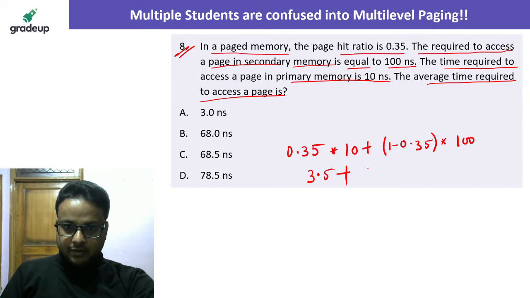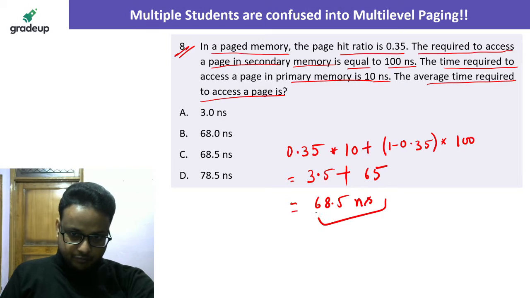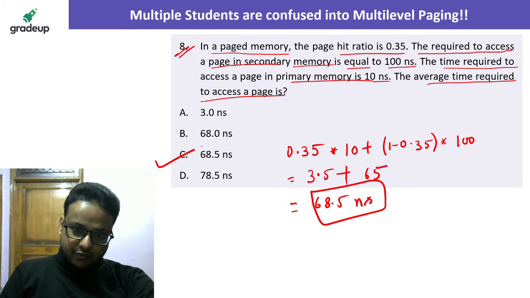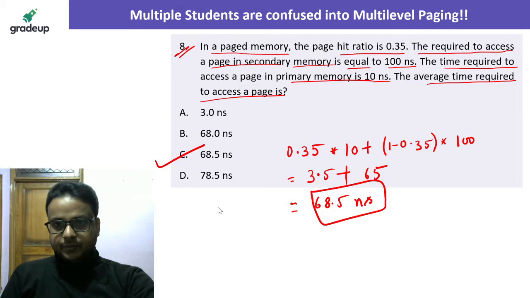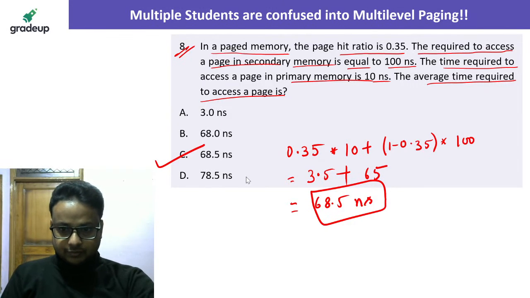So you will get 65. If you add them, it will be 68.5 nanoseconds. So the answer of this question will be option C. I hope now you understood. Correct?